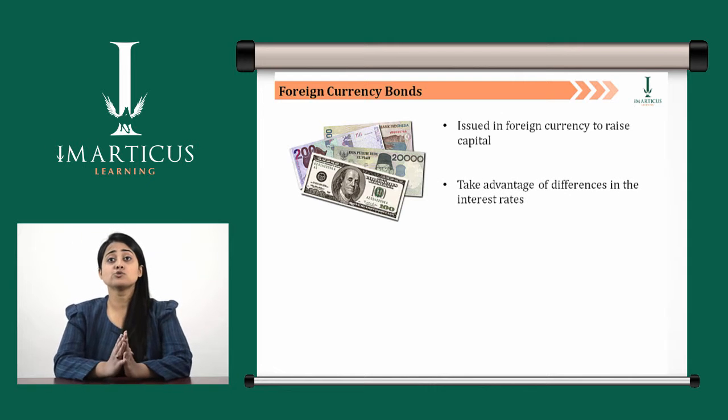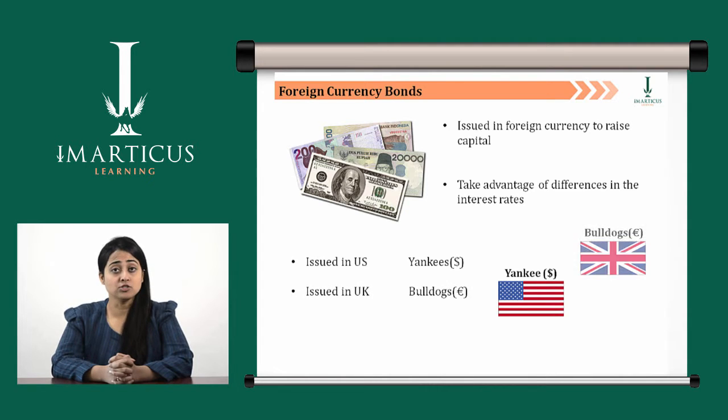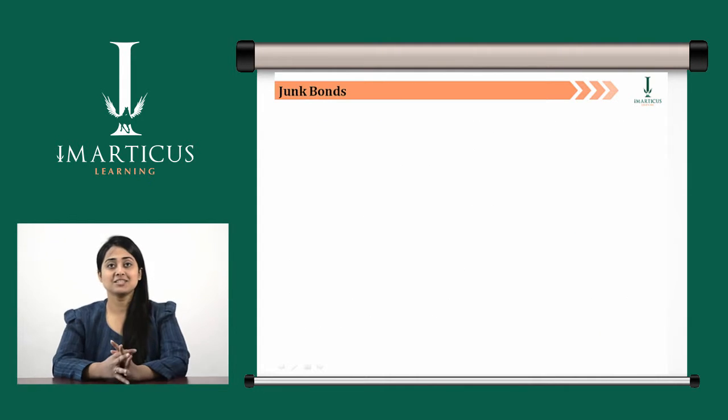These are issued to take advantage of interest rate differences between countries. Bonds issued in the US by non-US issuers are known as yankees. Bonds issued in the UK by non-UK issuers are known as bulldogs. Bonds issued in Japan by non-Japanese issuers are known as samurai.